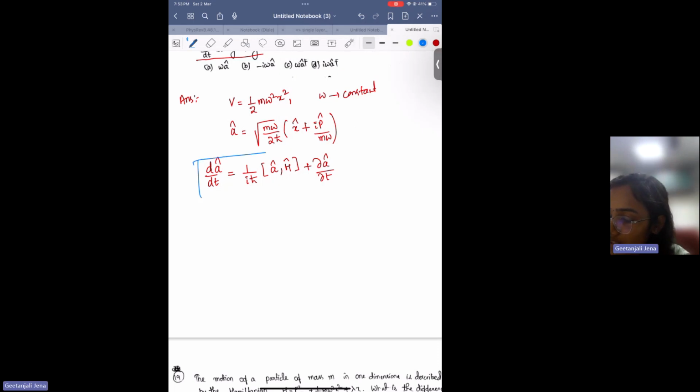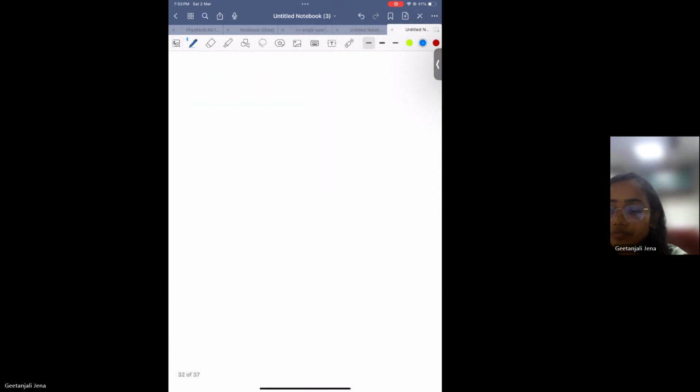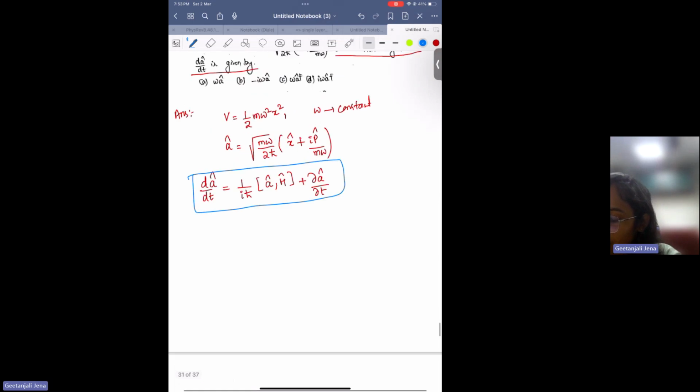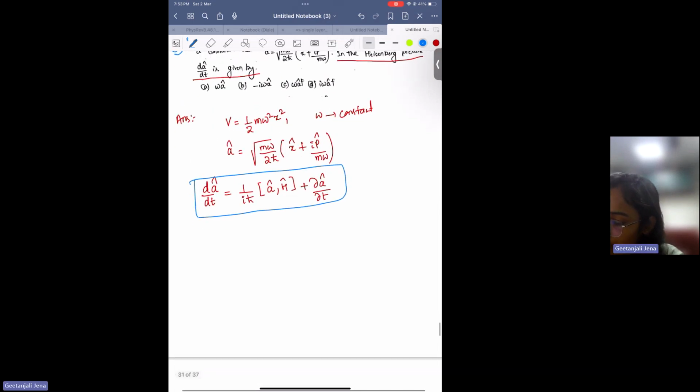So this is the expression for time evolution in the Heisenberg picture. Now the expression for A is given like this. There is no explicit time term here, no term for t.